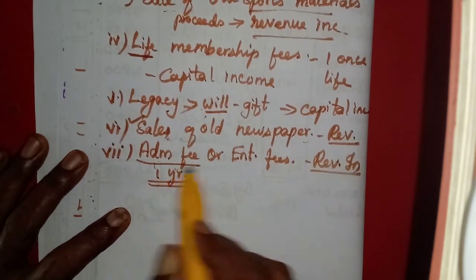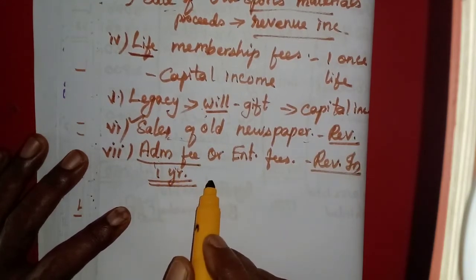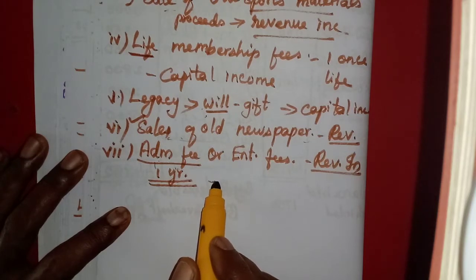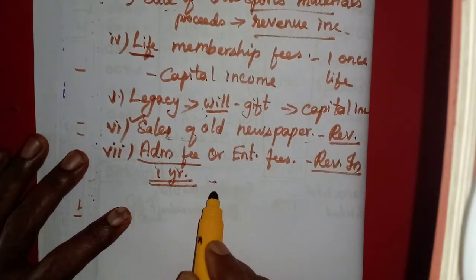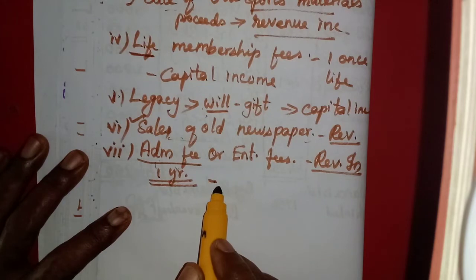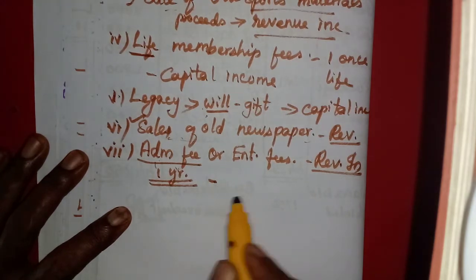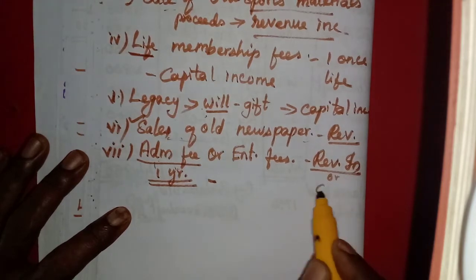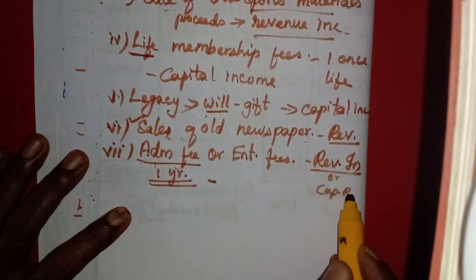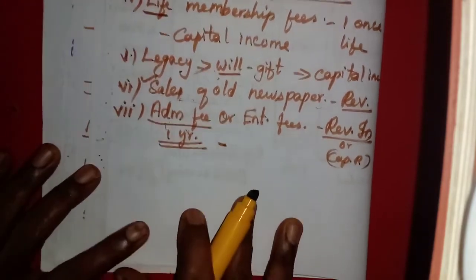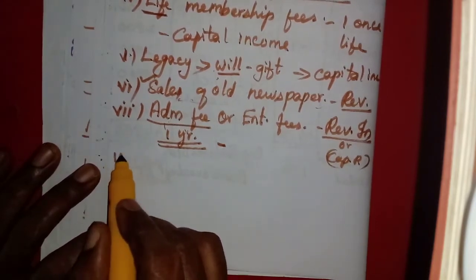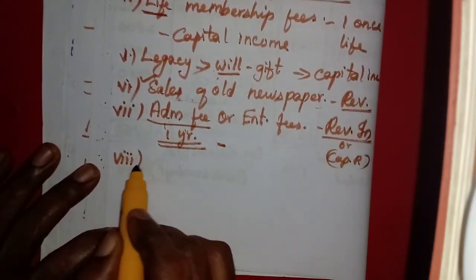But sometimes they will think, okay, admission fee I am paying once only, so this will be considered as a capital receipt. Sometimes it may be considered as capital receipt, capital income.